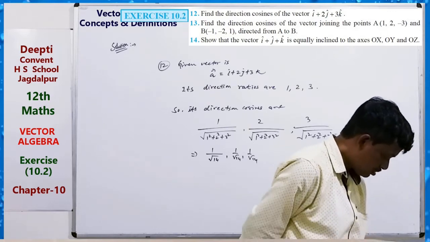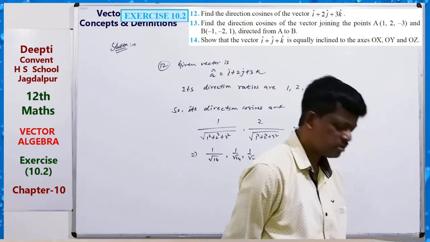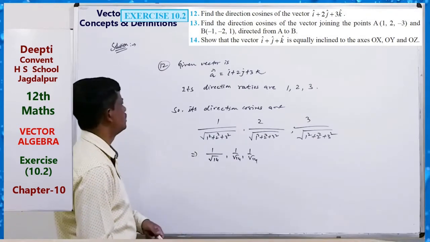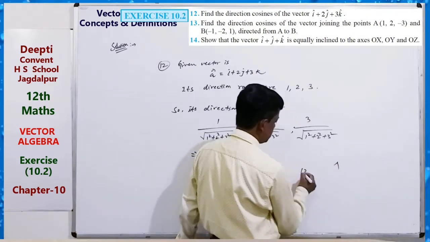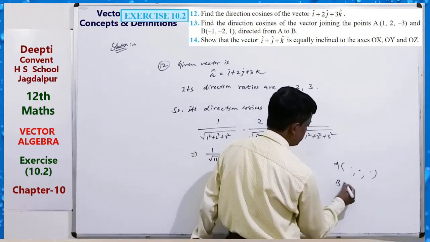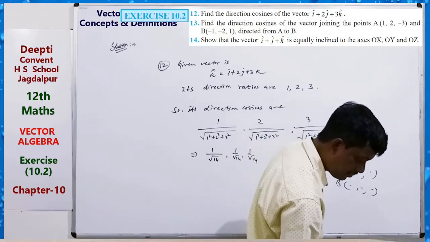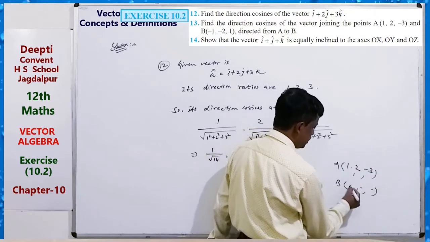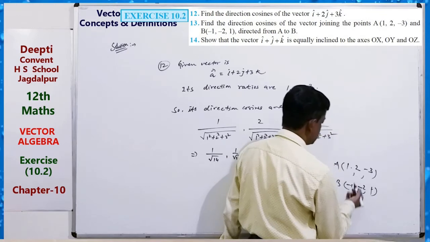Question 13. Find the direction cosines of the vector joining the points A and B, directed from A to B. Here 2 points are given, A is given and B is given.